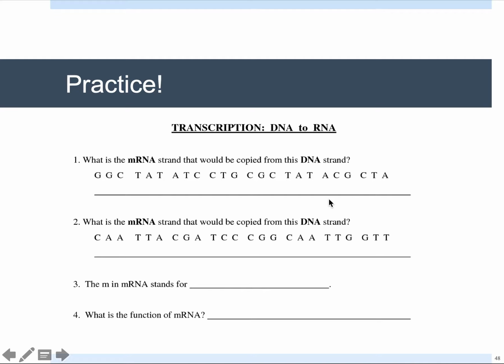So I need you to practice this. If you're given a DNA strand and you are to make a copy of a messenger RNA, you should be able to do that because remember the strand is complementary.